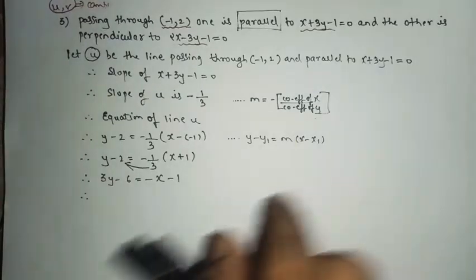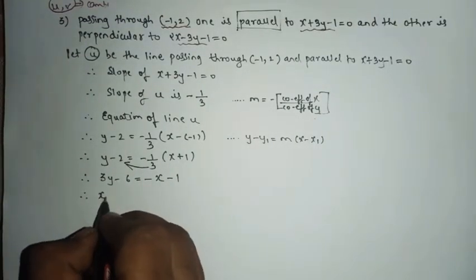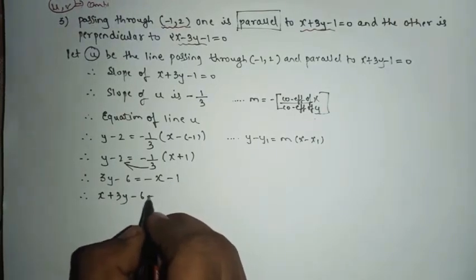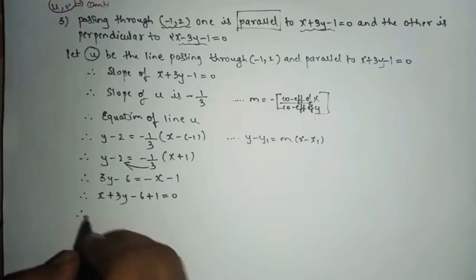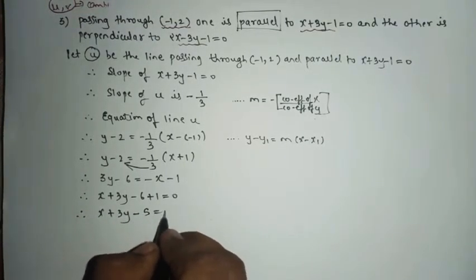Positive. So now we'll bring this x to the left hand side, so this will be x plus 3y minus 6 plus 1 equals to 0.